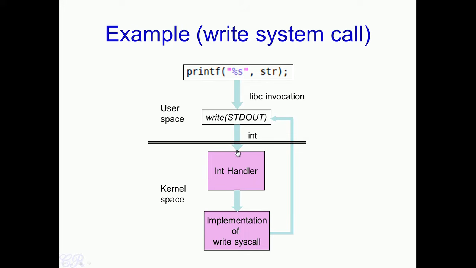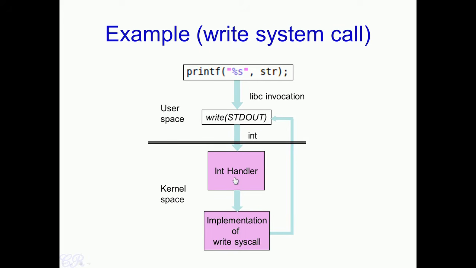The OS would then determine that the interrupt was in fact due to a system call, and then it would determine what system call it was. In this case, it was a write system call, and it was a write to the stdout, the standard output.